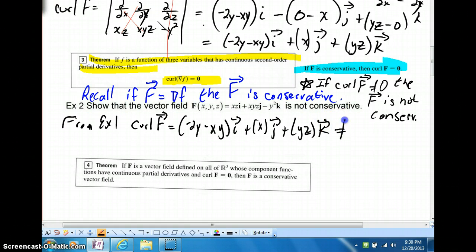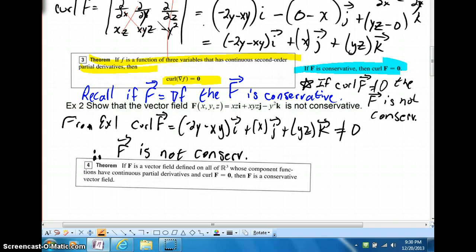And that means that curl is not always 0. Certainly it could equal 0 with the appropriate choice of x, y, and z, but in general there are many values of x, y, and z where that would not be the 0 vector. What does that mean? Therefore, F is not conservative. So if your curl is not 0, your vector field is not conservative.